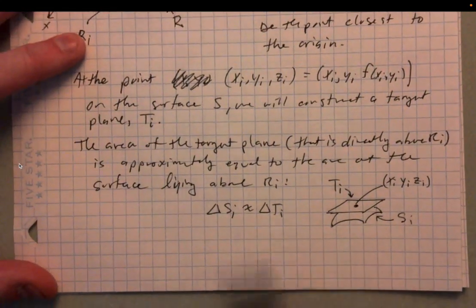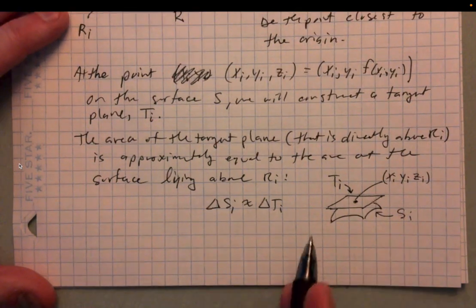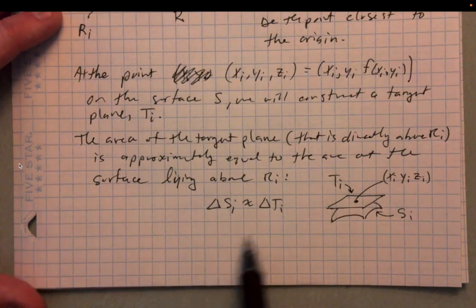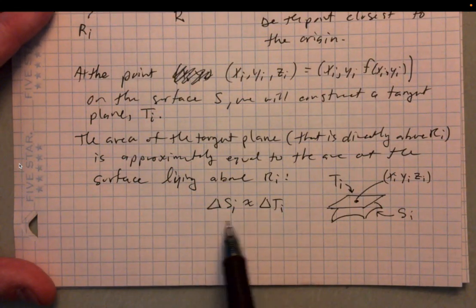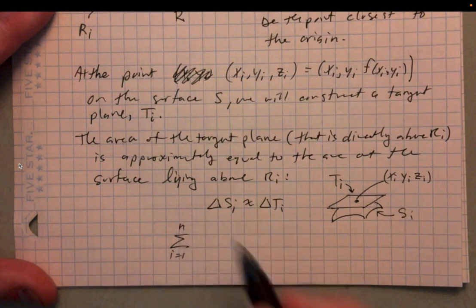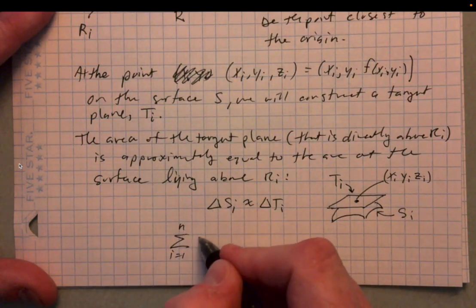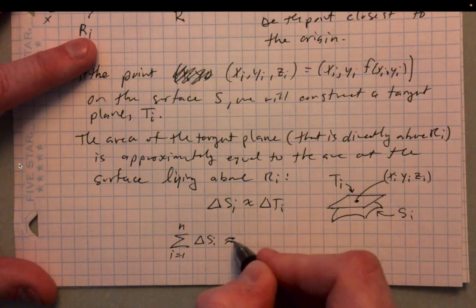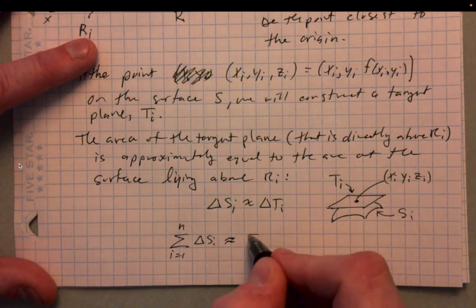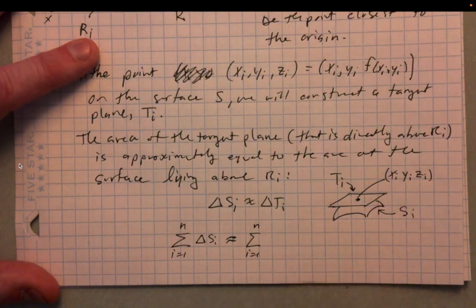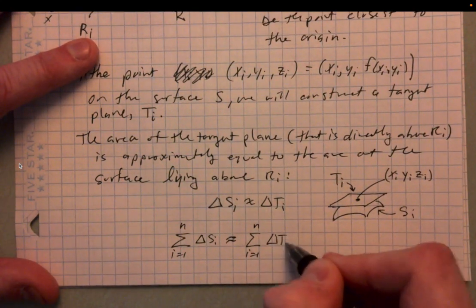Okay, and so this sets up the idea that the choice of xi, yi is totally arbitrary. So it turns out that the sum from i equals 1 up to n of the Si, there are n Si's, should be approximately the same as the sum from i equals 1 to n of delta Ti.